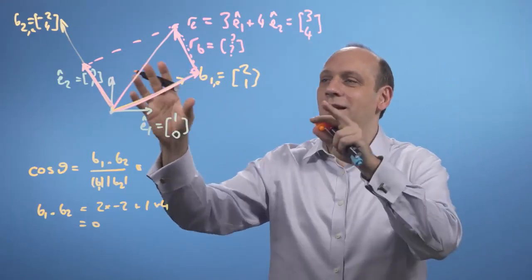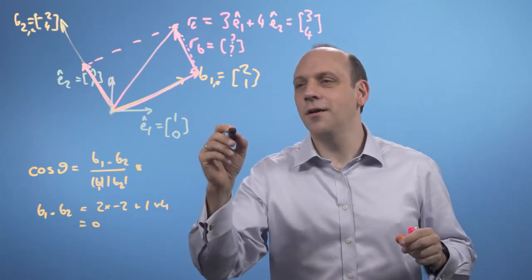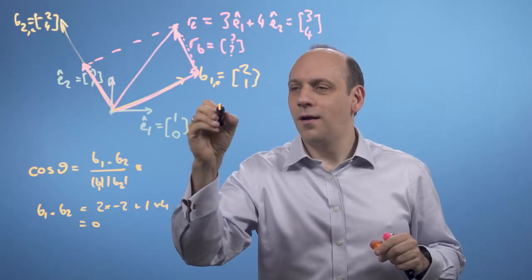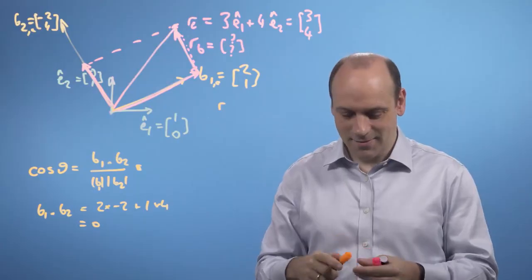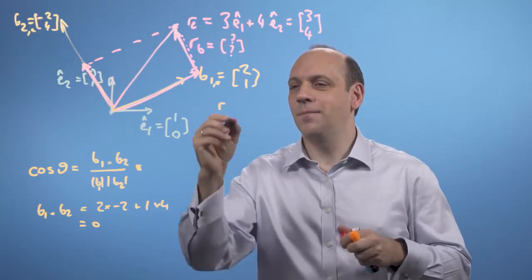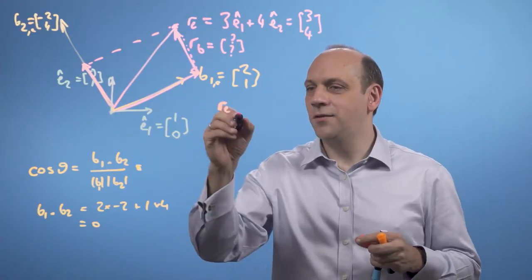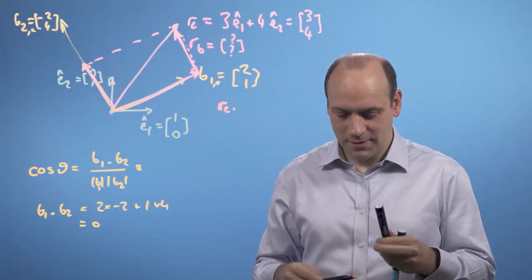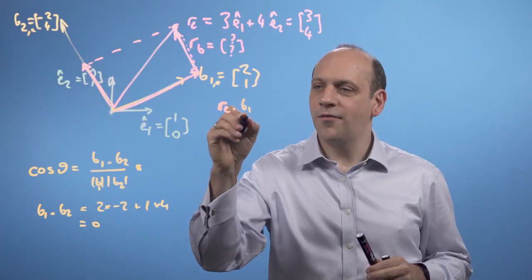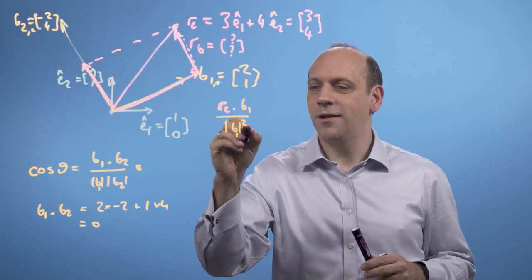So having talked through it, let's now do it numerically. So if I want to know what R is described in the basis E, and R's pink, right? So if I take R in the basis E, and I'm going to dot it with B1, and the vector projection divides by the length of B1 squared.